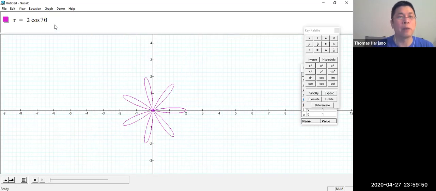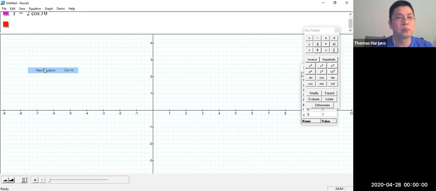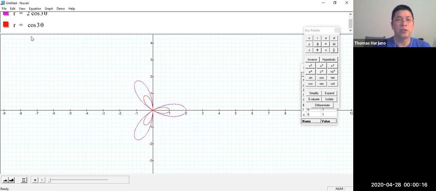Okay, let's do a comparison. Use cosine 3 theta, and then I compare that with the one where the radius is 1. You see?